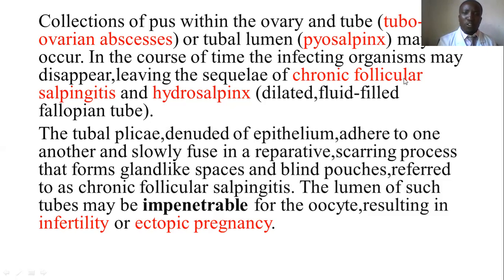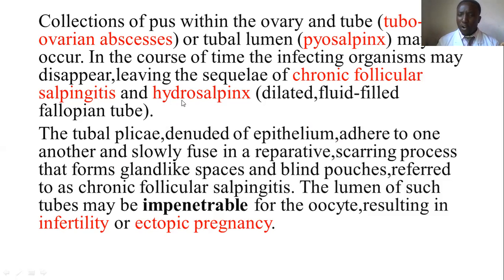Meaning we are going to end up with follicle-like chronic follicular salpingitis and hydrosalpinx, meaning water within the fallopian tubes. Of course, when there is pus, there is water within the fallopian tubes. Do you expect such a woman to conceive? Do you expect such a woman to produce any child?